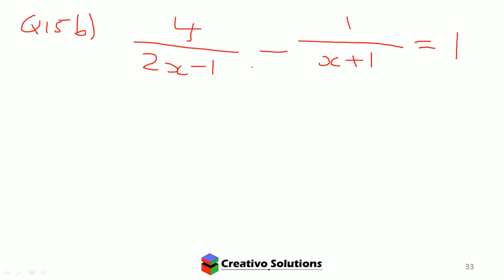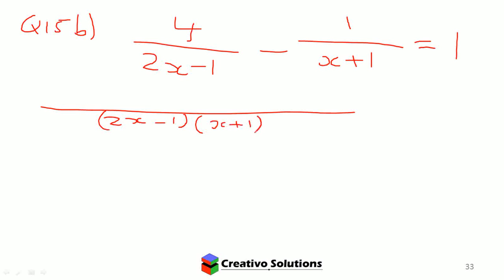I'm going to be looking at a common denominator. So I'm going to write down 2x minus 1, x plus 1 equals 1. I'm going to multiply this side by the opposite side's denominator, so this will be x plus 1, then minus 1, open brackets, 2x minus 1, close brackets.